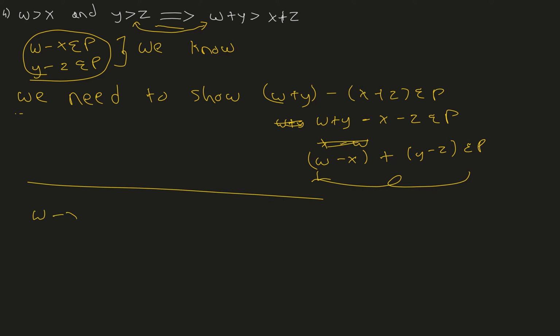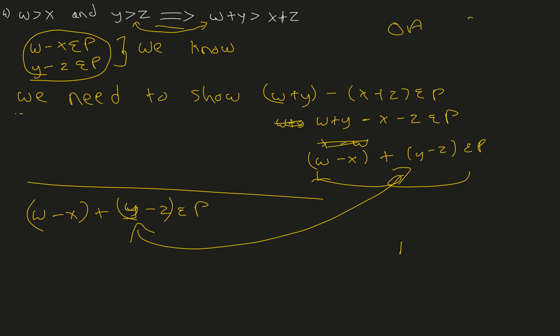We can just add w minus x plus y minus z, and we are guaranteed that they'll still both be in P. Since w minus x is in P and y minus z is in P, from OA we know that if two elements are in P, then adding them will still leave them in P. So w minus x plus y minus z is in P. Let me put brackets here, and we're done. This looks exactly like what we need to show, and we're done with the proof.